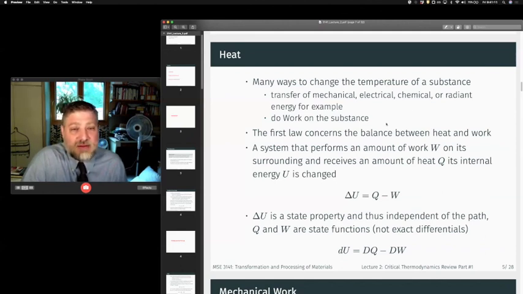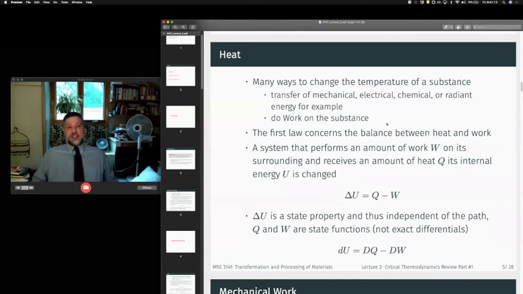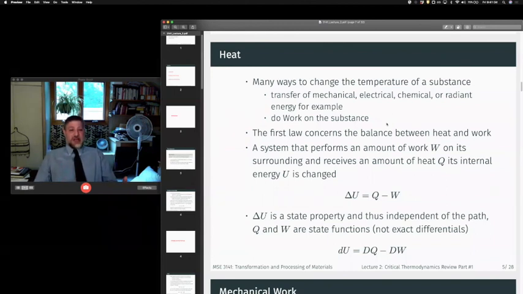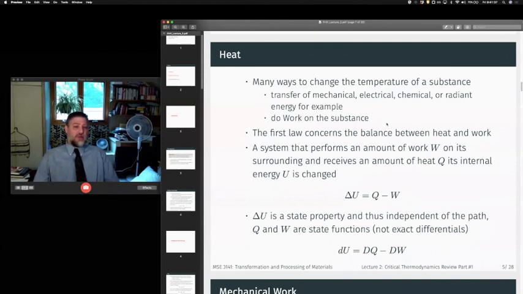But it's definitely not, right? So we have many ways to change the temperature of a substance, right? We can transfer mechanical, electrical, chemical, or radiant energy, right? We can do work on the substance, right? So the first law is all about this balance between heat and work, right? So a system that performs a certain amount of work on its surroundings and receives an amount of heat is going to change its internal energy, right?